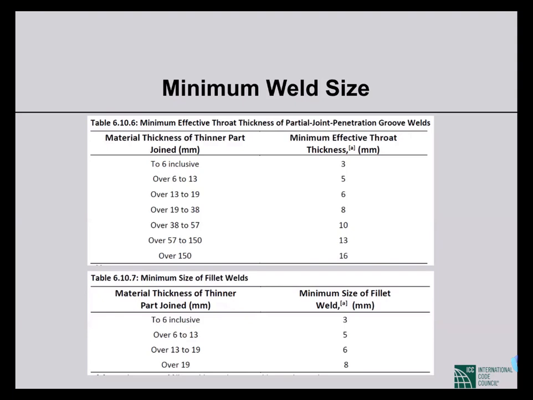If from calculation we need less amount of welding, we cannot do that. We have to give this amount. This is the minimum. So for different depths and depending on the welding type, the upper table is for PJP groove weld, and the bottom one is for fillet weld.